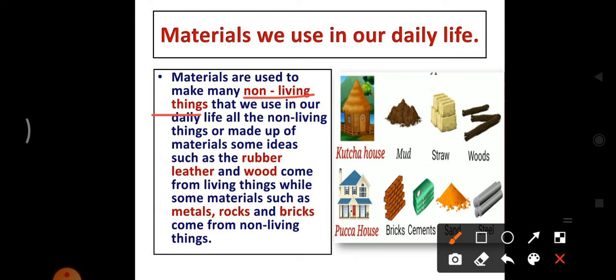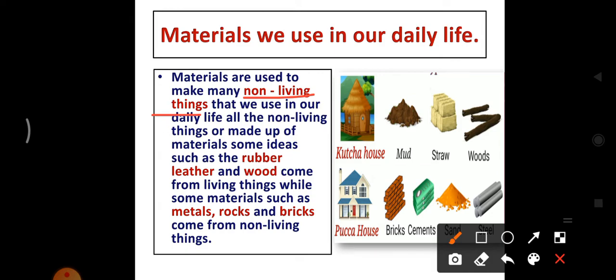But if you take a non-living thing, it cannot breathe, it cannot reproduce, it cannot move from one place to another place. The example, if you take a home or house, this is a non-living thing. It cannot move from one place to another place. The house cannot breathe.